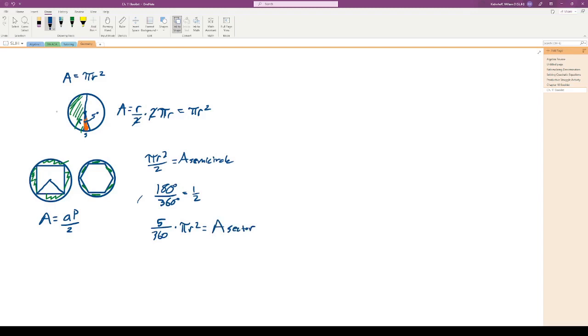So a part of a circle's area is called a sector, just like a part of its circumference is called an arc. If I take a wedge that looks kind of like an ice cream cone, then this is an arc, this is a radius, and this inner part is called a sector.